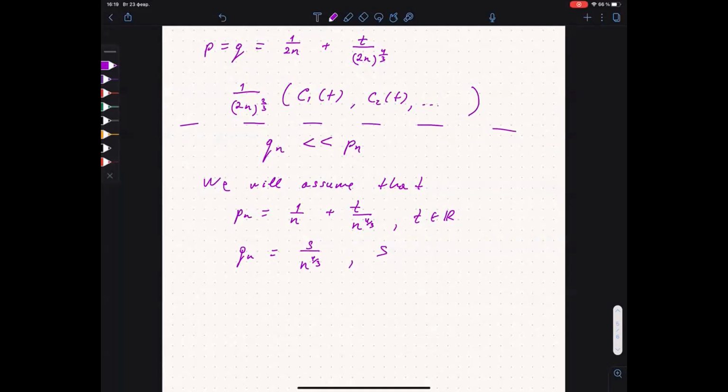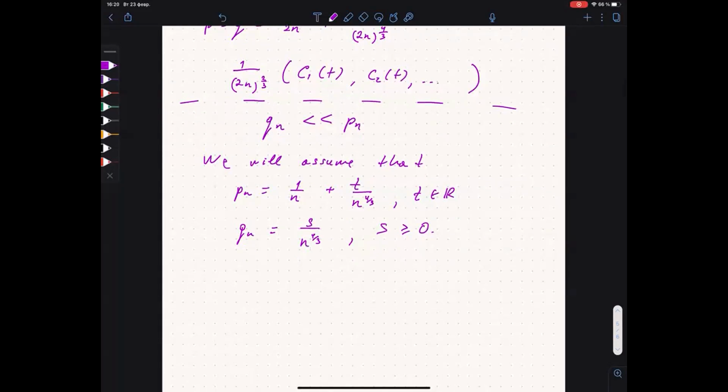Here t is a fixed number, and s is also fixed. In this case, we will see that there exists a non-trivial limit, the limit of 1 over n^(2/3), the same rescaling, of C1.